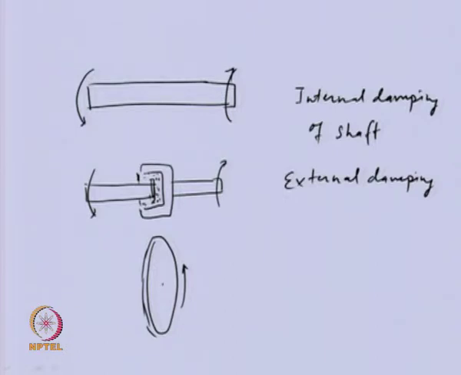When this disc is rotating in some fluid media, which is either a working fluid or maybe some kind of lubricant or coolant, then there will be interaction of the solid and the fluid, and because of that we will have some kind of damping effect, because energy will be getting dissipated from this motion. That is another form of damping which we can have in a torsional system. So, let us see how we can analyze such a system.